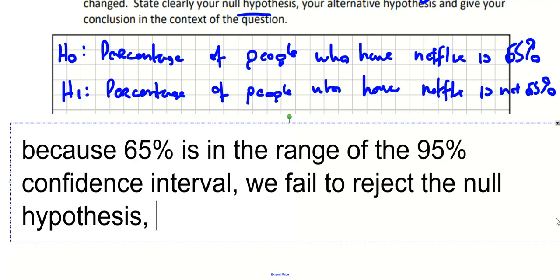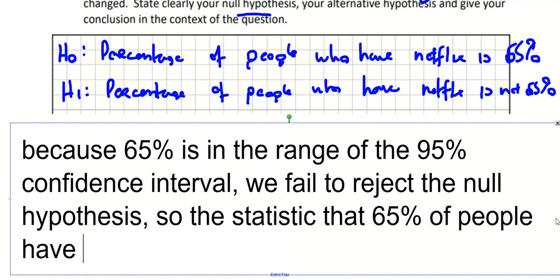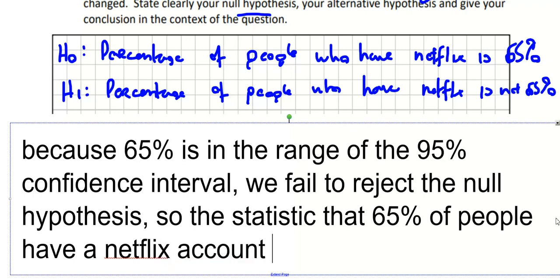We fail to reject the null hypothesis. So the statistic that 65% of people with a Netflix account could still be true.